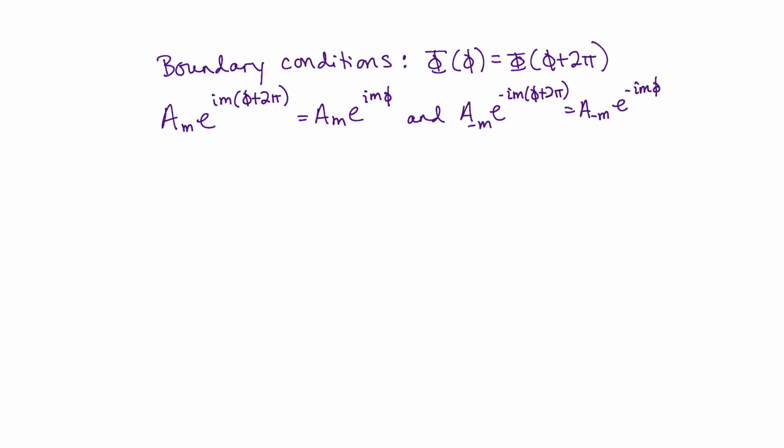Okay, so we can simplify that. What we're saying here essentially is that the e to the plus or minus 2m pi equals 1.